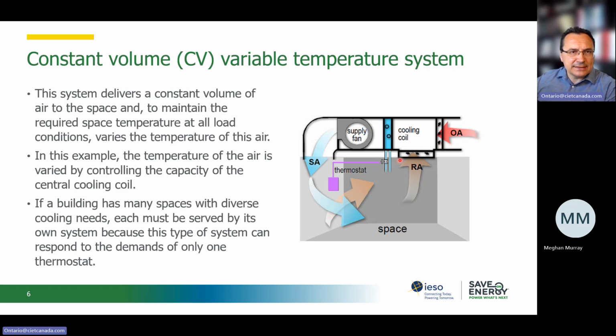And then we condition that. In this example, we show just a cooling coil, but we can do heating, filtration, humidification, dehumidification, depending on what function we are aiming for building comfort in the space.